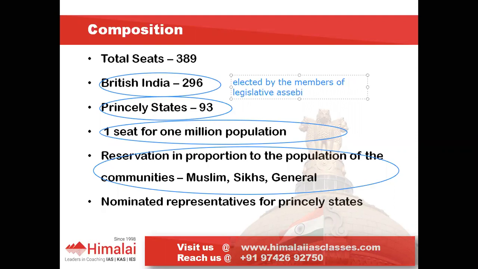So they were indirectly elected, whereas in the case of princely states they were nominated. Thus we can say the Constituent Assembly of India was partially elected and partially nominated. The elected portion also had indirect representation, and the nominated people were nominated by the kings of the princely states of India.